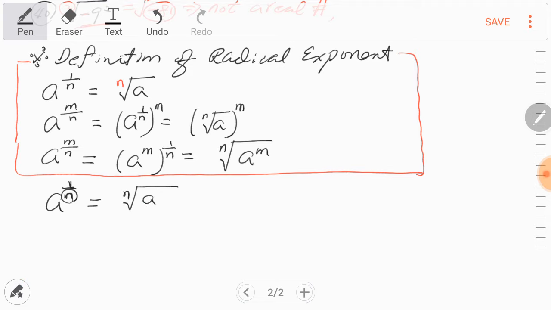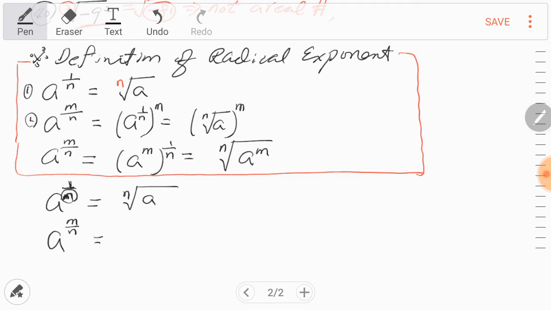Okay, let me rewrite this. If this is the 1 over nth power, then move the denominator to the index. The index is n, so it's the nth root of a. Okay, how about this one? The second and third are actually the same. For the second one, let's say the exponent is m over n.